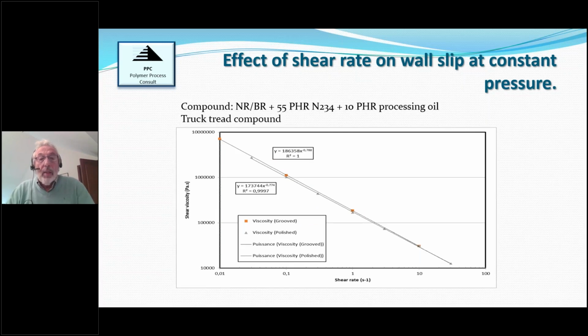So we repeat now with the truck tread compound. We can see that we still have slippage, but to a much lesser extent, and that's quite normal. NR/BR compound tends to slip much less than an EPDM compound heavily loaded with oil and filler.